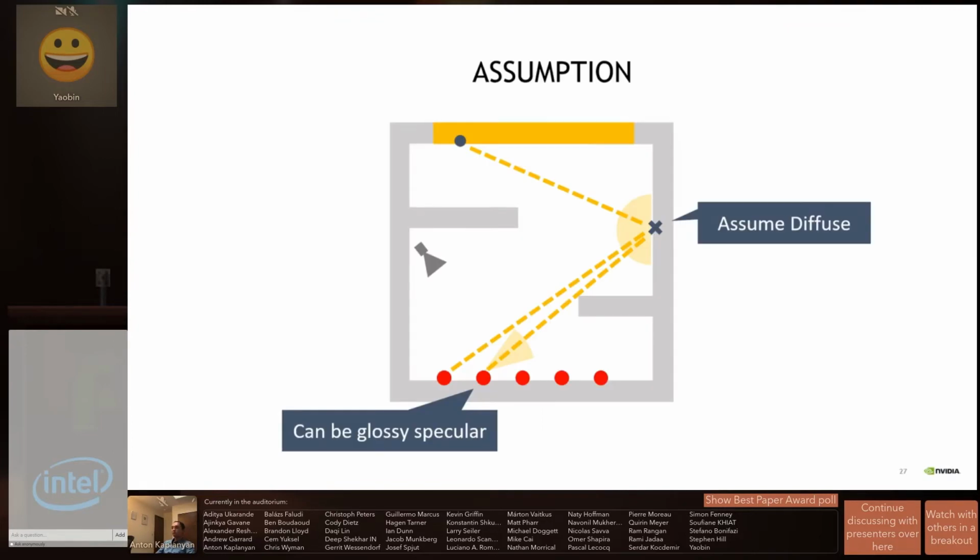Our ReSTIR GI assumes the second path vertex to be diffuse. This assumption can simplify the implementation because we only need to store a radiance value with some geometric information of the second path vertex to perform path reuse. And this assumption doesn't prevent the first path vertex from being nearly specular.